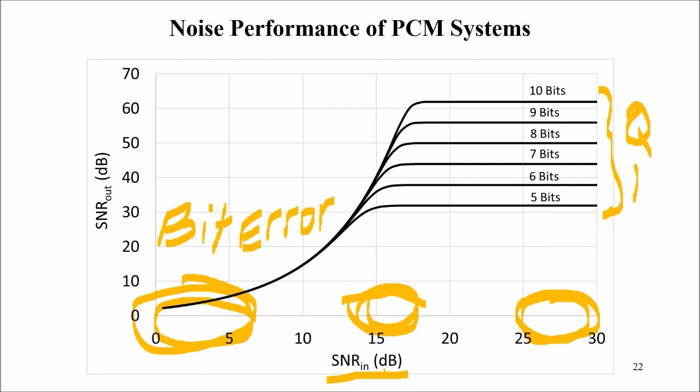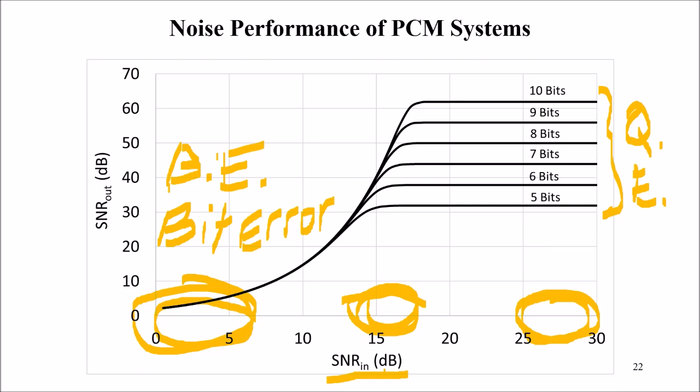I'll make that QE for quantization error. So on the left-hand side of the curve, we've got BE for bit error. And on the right-hand side, this is QE for quantization error.